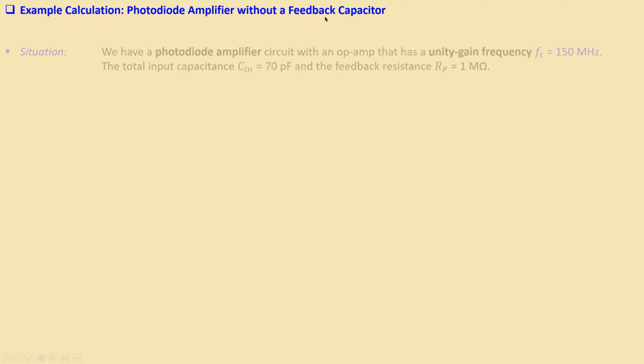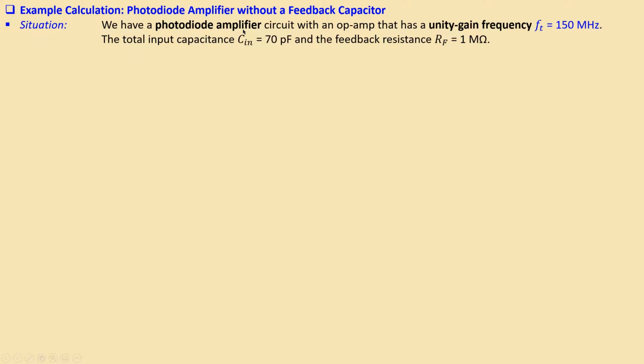Okay, let's go to a very short example calculation and the effect of a feedback capacitor. Say we have a photodiode amplifier with an op-amp that has a unity gain frequency of 150 megahertz.